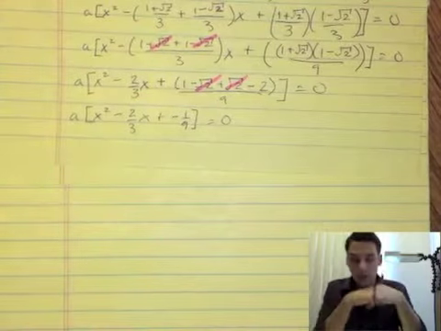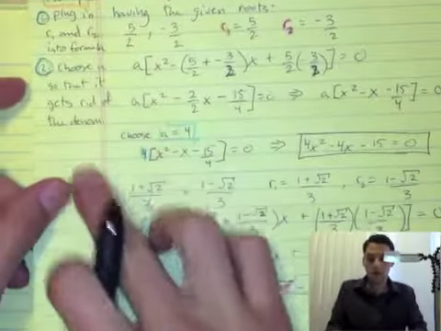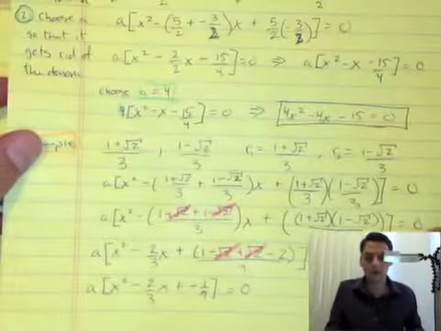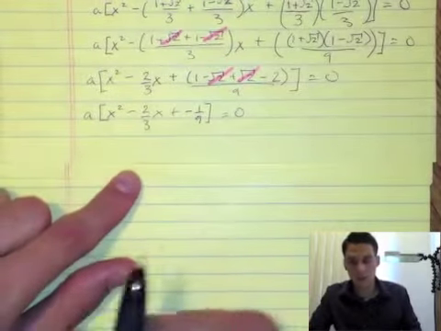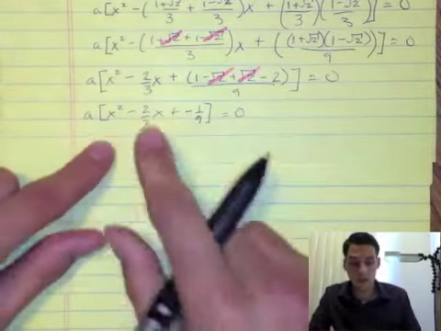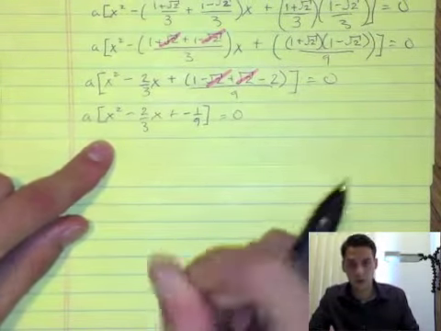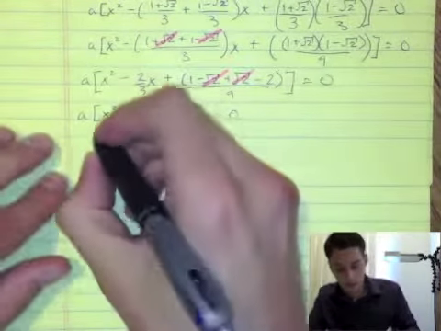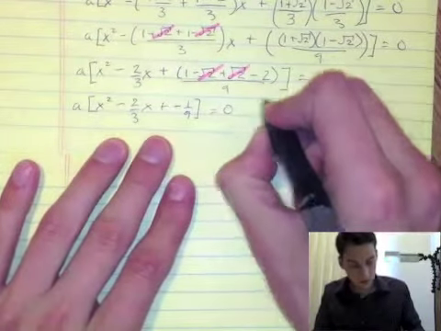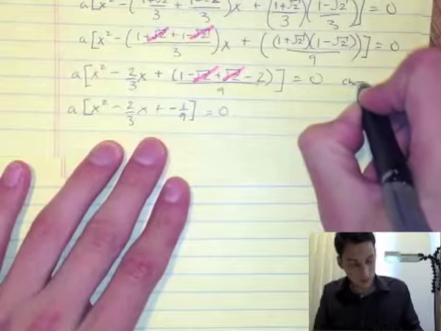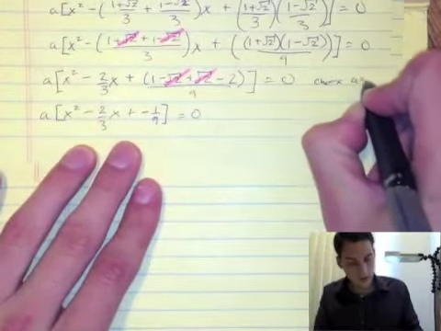Now we have to choose A. That's the second step. Choose A. That gets rid of the denominators. In this case, I have two denominators. The A value that will get rid of both of them is 9. So choose A to be 9. Choose A equal to 9.